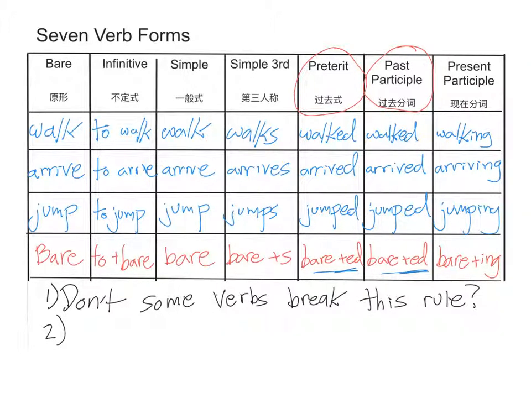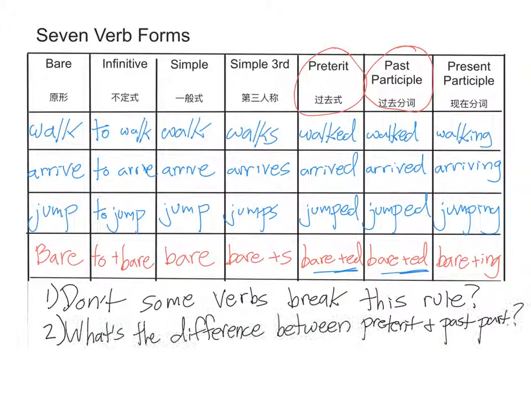And so that naturally begs the question of, if the preterite form is exactly the same as the past participle form, why do we have 2 forms? Why don't we just put them together? The second question is, what is the difference between the preterite form and the past participle? Why do grammar teachers and linguists consider English to have 2 different forms here?